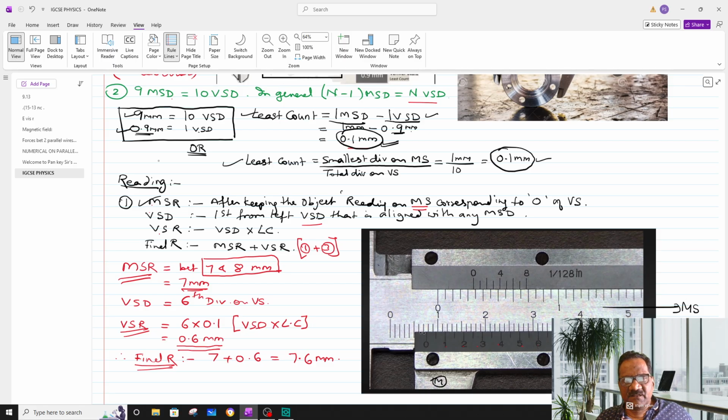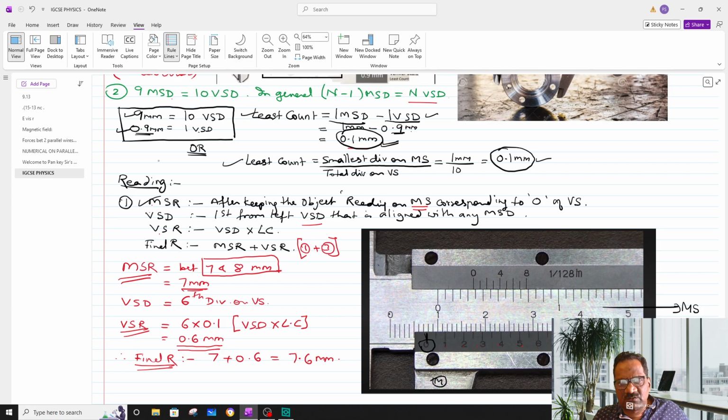To find the main scale reading, I will see the 0 of this vernier. See, this is the 0 of my vernier, I'll circle it over here. So the 0 of the vernier scale corresponds to what main scale reading? Let me check that reading on the main scale.